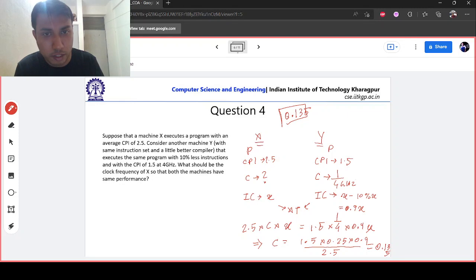So I will repeat once again. It is said there is a machine X and there is a machine Y. It is executing the same program P. X has a CPI of 2.5. The clock cycle is unknown. Suppose the instruction count is small x. For machine Y, same program P, CPI is 1.5, and the clock cycle is 1 by 4 gigahertz.